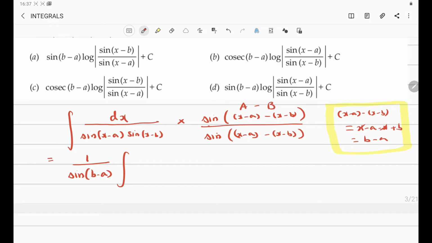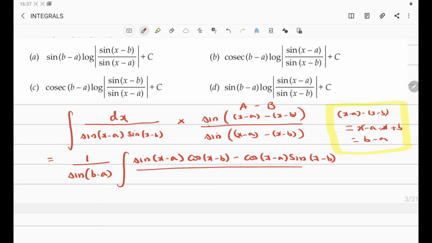So, in sine of a minus b form, we write it as sin(x minus a) cos(x minus b), then minus cos(x minus a) into sin(x minus b), whole thing divided by sin(x minus a) into sin(x minus b) dx.